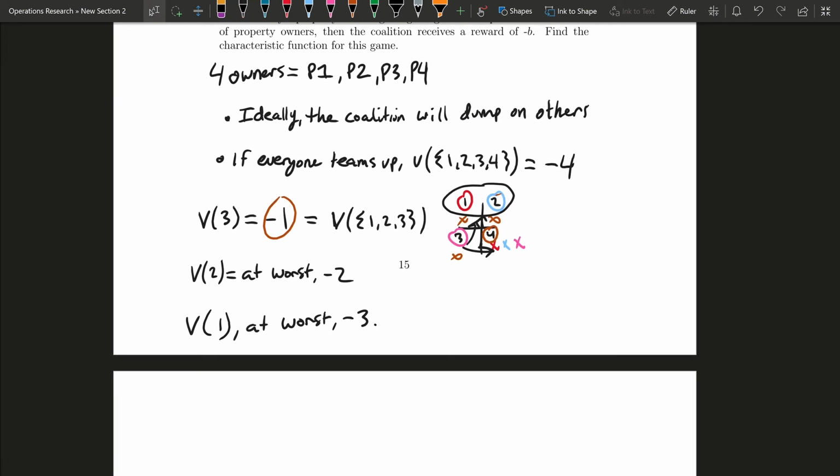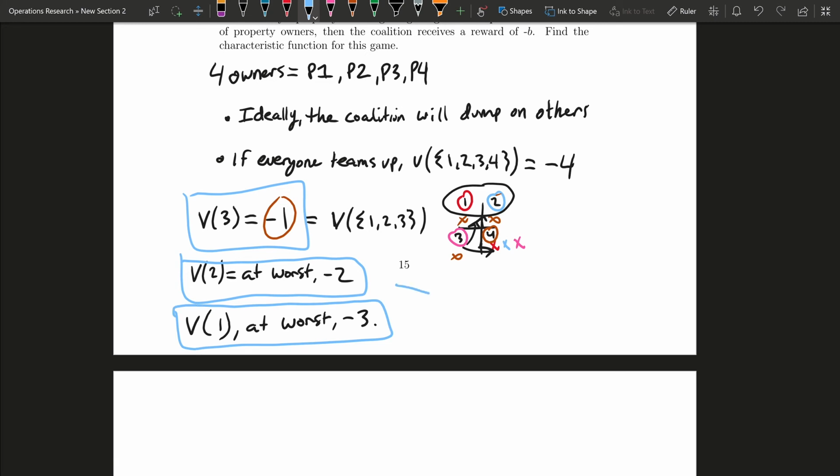So, looking at these 3 numbers here, let me change my color. A team of 3, a team of 2, and a team of 1. What we have is V of a set of size S here is going to give us a reward of -4 minus the cardinality of that set.